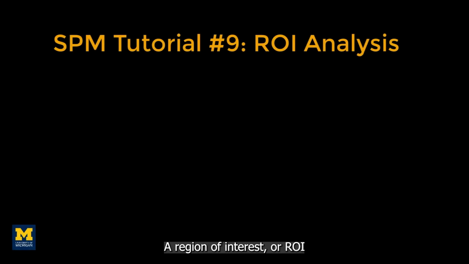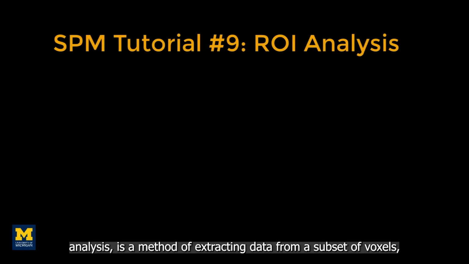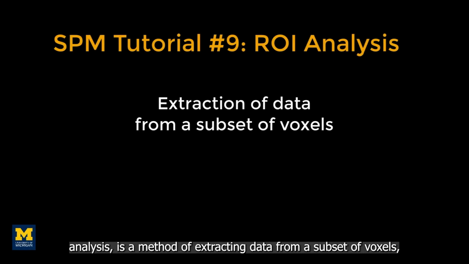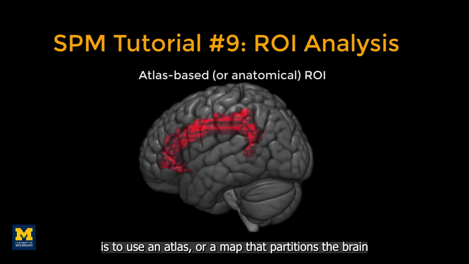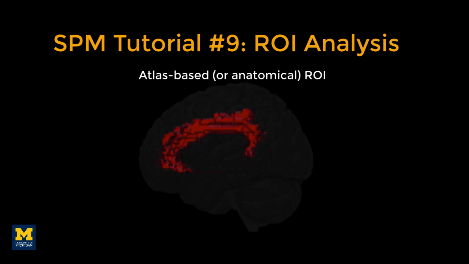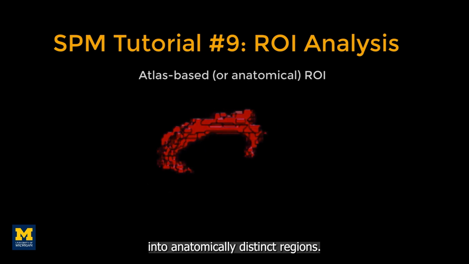A region of interest, or ROI analysis, is a method of extracting data from a subset of voxels, also called a mask. One way to create a mask is to use an atlas, or a map that partitions the brain into anatomically distinct regions.